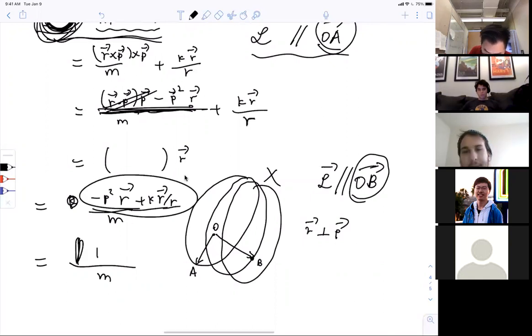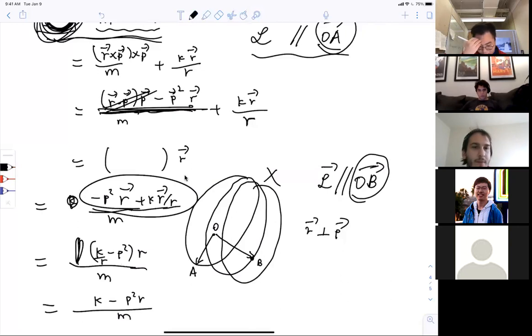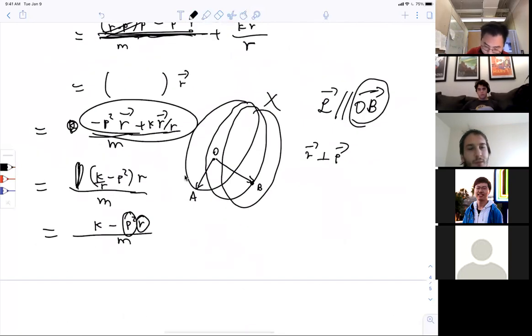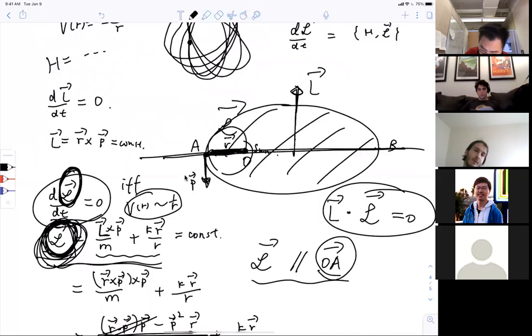It's not obvious, which is k minus p square r and something like this, right? And this r is the length of this OA, and this p is the momentum at this point A.